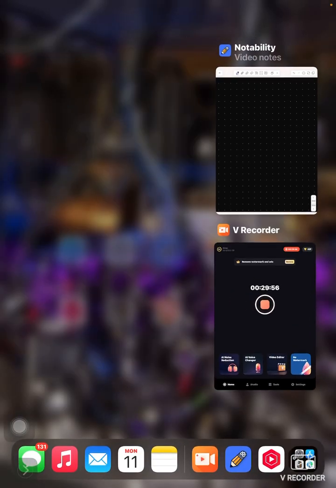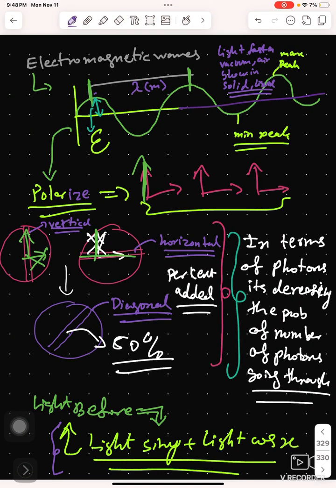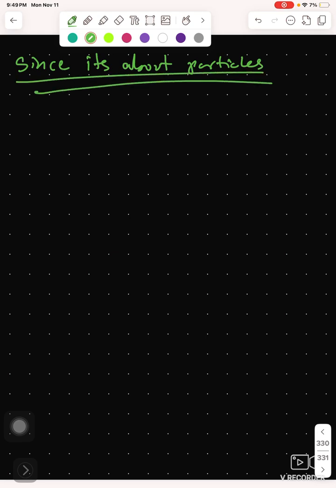One more thing. We know that in classical physics, momentum is written as P equals mv, but for quantum mechanics, since it's about particles, P is equal to h over lambda, momentum.